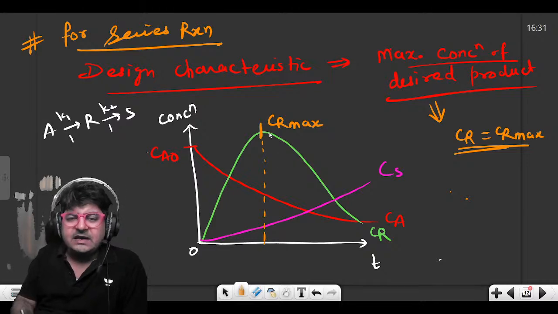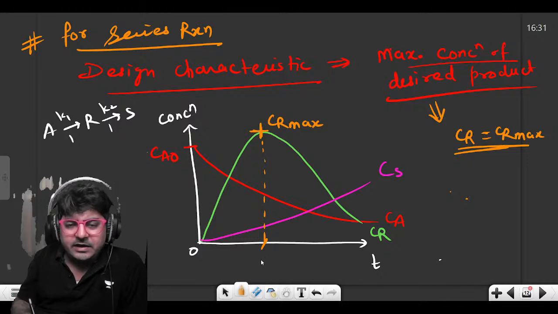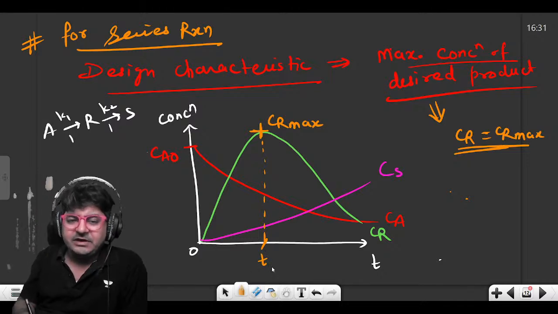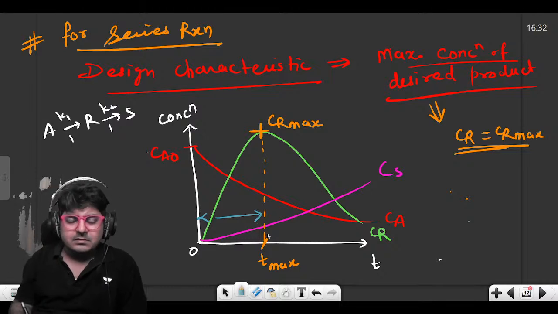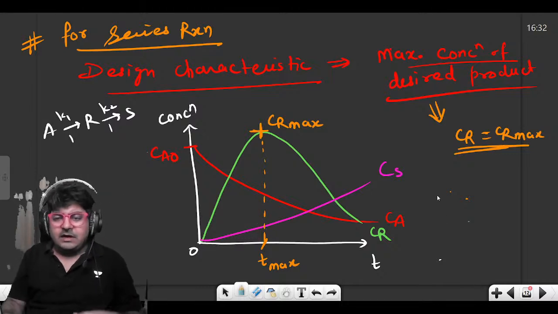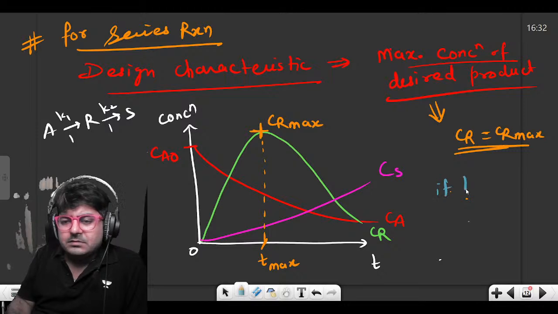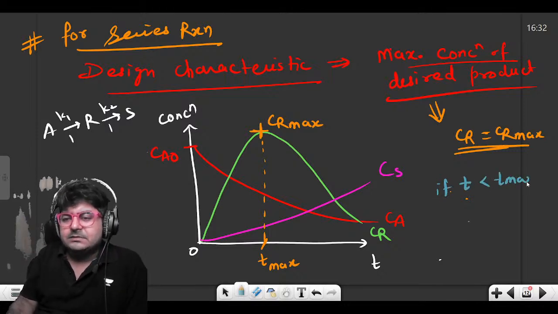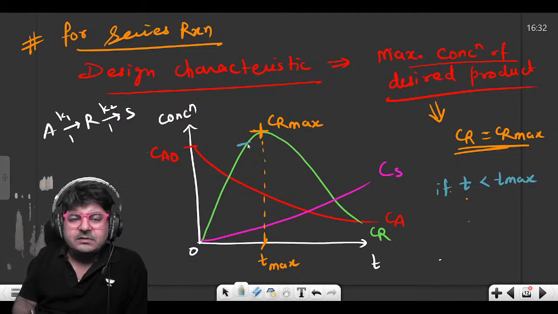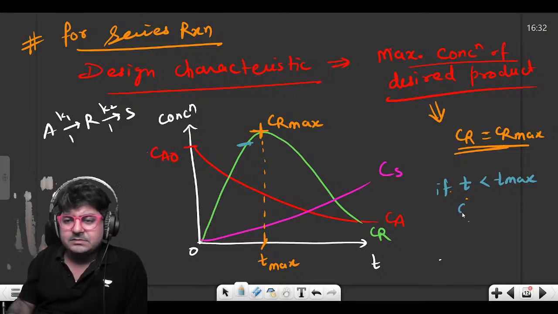So you can see CR is maximum at this point. And this is the point, here you can say this is the reaction time t, let's say t max. So here you can understand, if I conduct the reaction, if I stop the reaction before t max, then CR will be less than CR max.